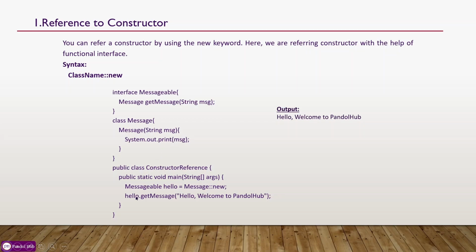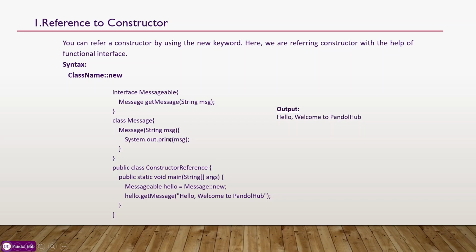So when we give hello dot get message, hello represents the functional interface object. So functional interface object dot get message is assigned to the constructor of this class. So hello is assigned with this lambda expression, and this lambda expression is assigned to the definition of this abstract method.